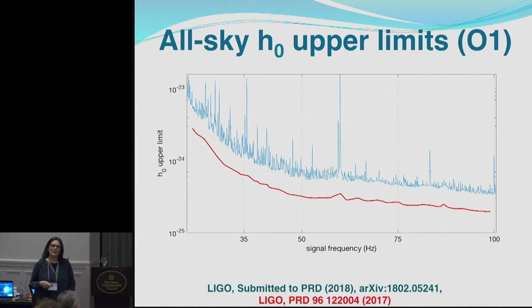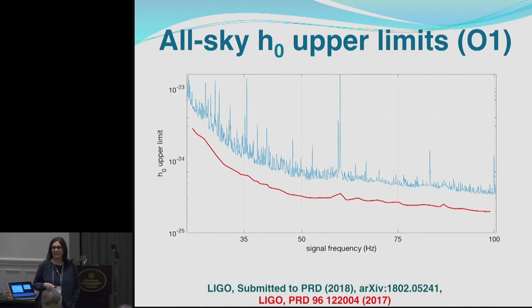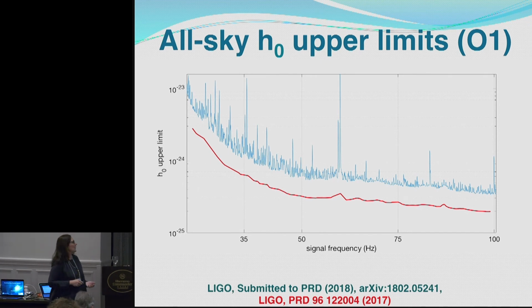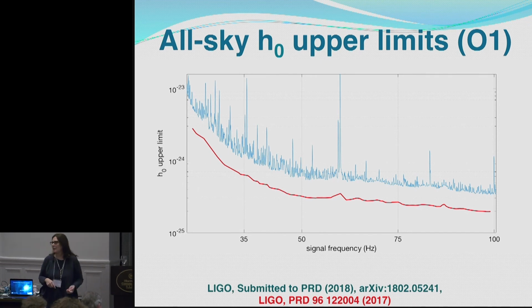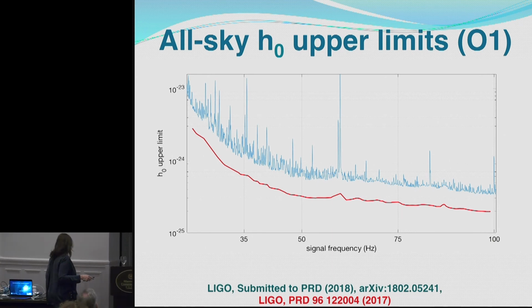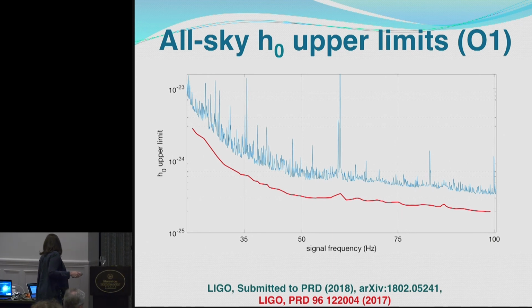And that might not seem a lot to you, but actually, 2 cubed is 8. That means potentially a volume which is 8 times bigger. So we think it's actually worth the trouble of trying to do these deepest searches. And these are the papers.